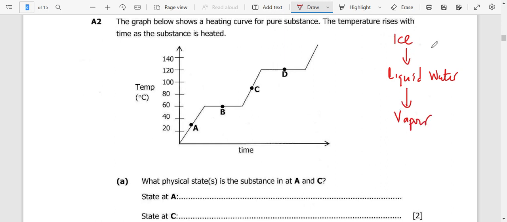So the change of ice to liquid, what do we call it? Melting, good. And then the change of liquid to vapor, evaporation. What's the other name? Vaporization.